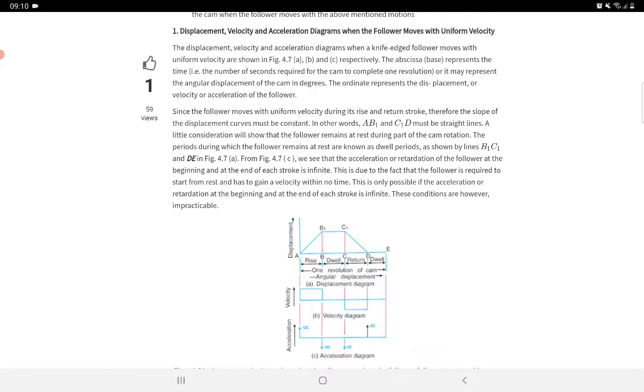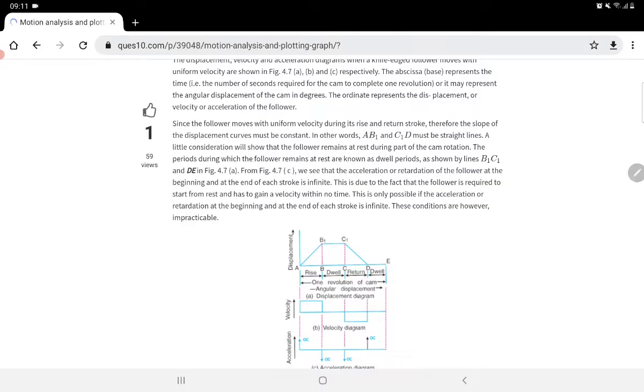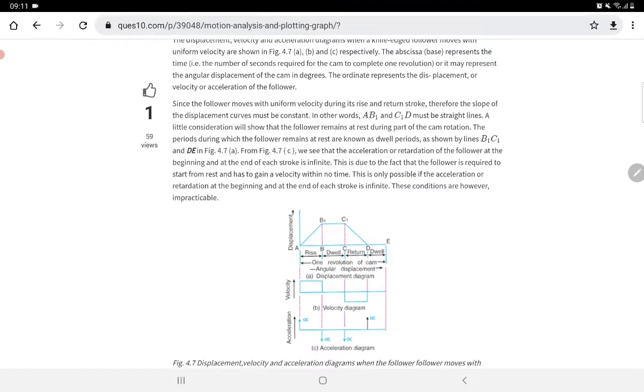It may also represent the time, that is, the number of seconds required for the cam to complete one revolution. Now let us see the details.